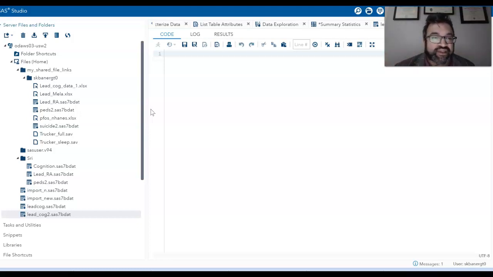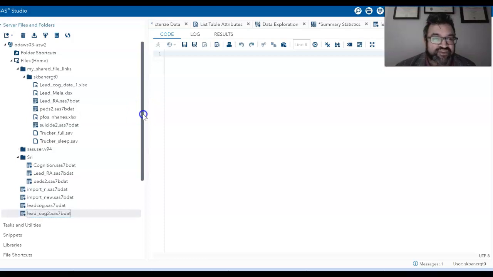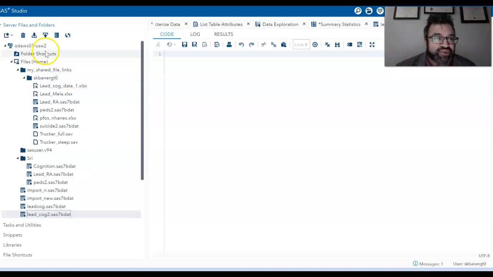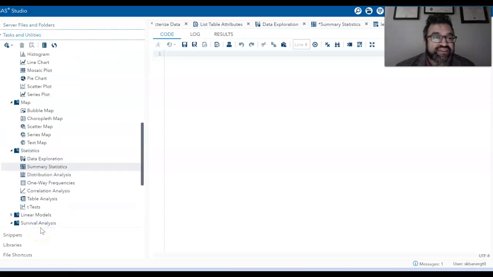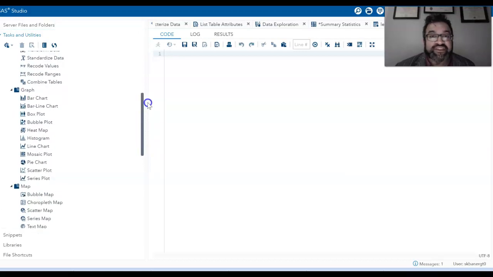This is the cloud-based interface being used here, and there are several data sets included within it. If you go into tasks and utilities, this is where you'll find a lot of useful functionalities that SAS has. And going between menu-driven and syntax-driven options is a skill that you'll gradually develop.